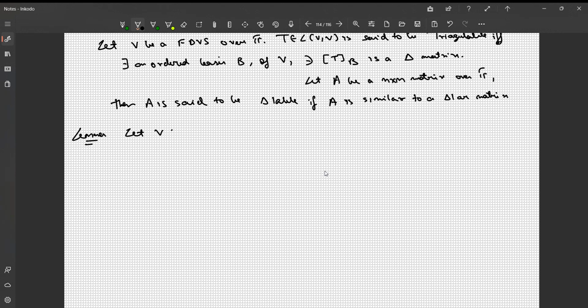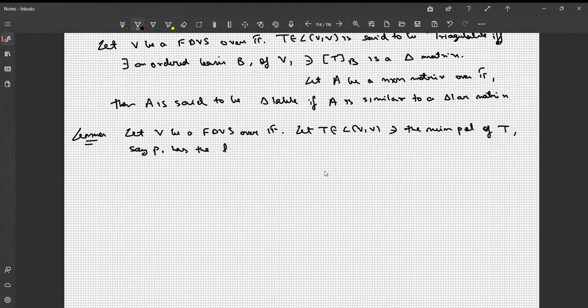So to have that characterization, we first need to observe a certain lemma. So a lemma. What we do is that we consider a finite dimensional vector space. So let V be a finite dimensional vector space over a field F. Let T be a linear operator on V such that the minimal polynomial of T, say P, has the following form.